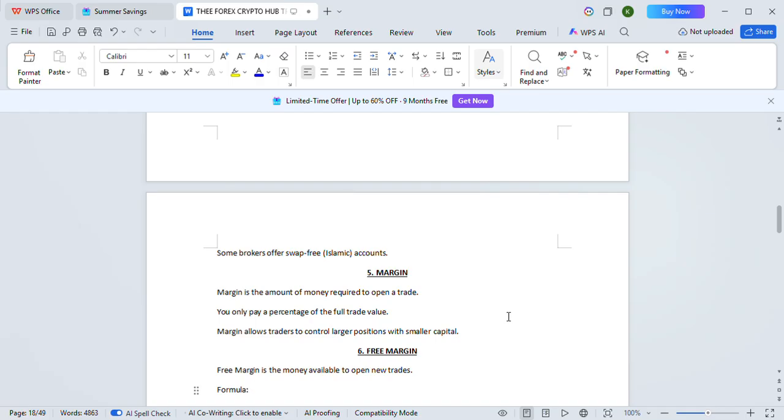And then we have what we call margin. What is margin? Margin is the amount of money required to open a trade. You only pay a percentage of the full trade value. Let's say you have $10. Executing a trade doesn't mean you are going to use all the $10.